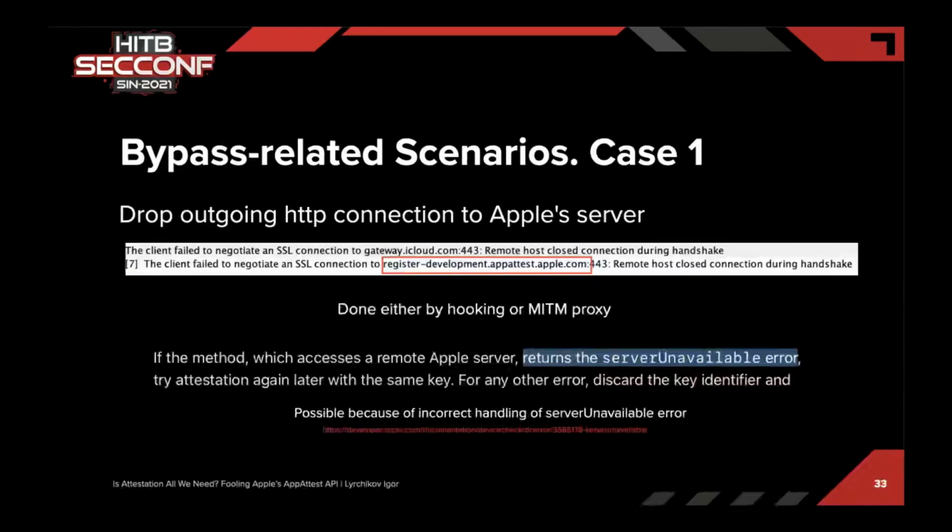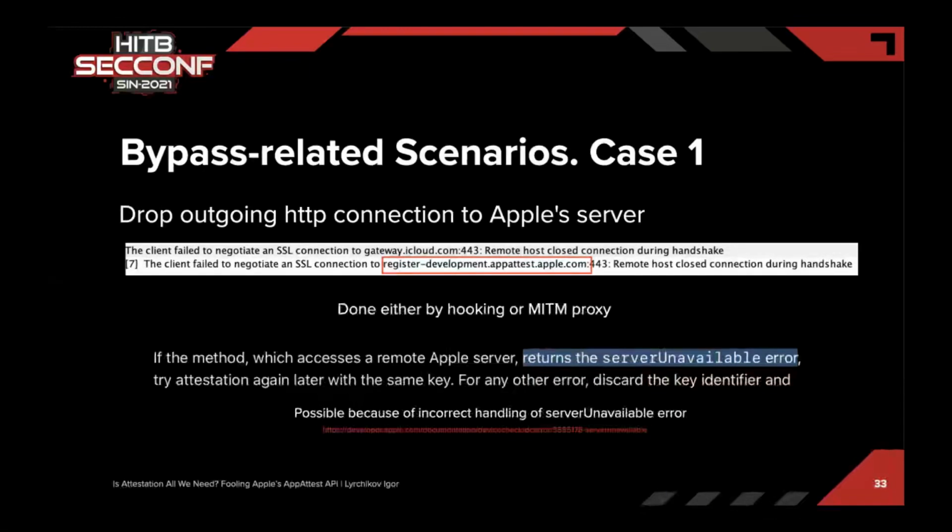Number 1 is quite simple. Do you remember we need to start the attestation process during step 3, which requires internet connection. It's kind of a crucial step. So we can just drop outgoing requests by configuring the meeting proxy or using Frida hooking framework.